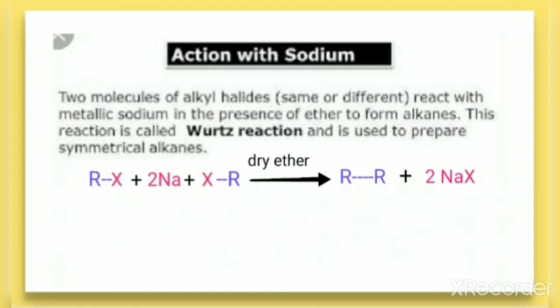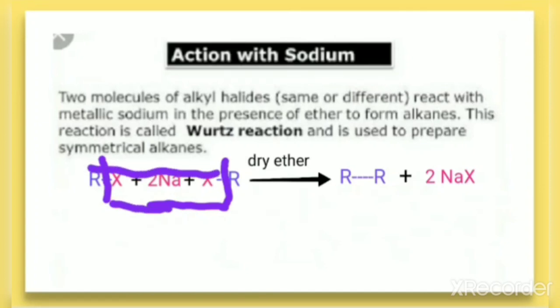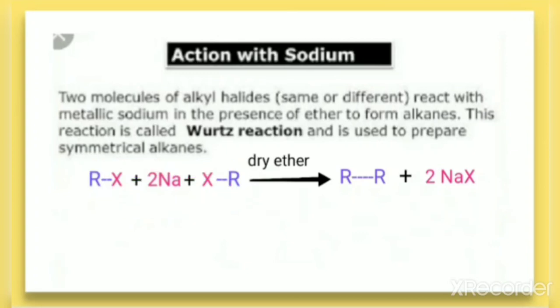Here there is a removal of 2 sodium and 2 X. That means this bond will break, and there is a formation of a side product, that is 2NaX. So 2NaX will be a side product formed here, and the remaining one will form the major product.